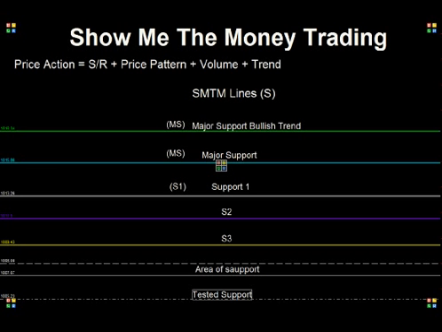And no matter what, I kept trying to distinguish what is actually support and what is not support. I've read different books, different facts. I Googled different information on support and resistance to try to find out what is objective support, what is actually support. And coming through all of that, I found out that support and resistance is not equal.